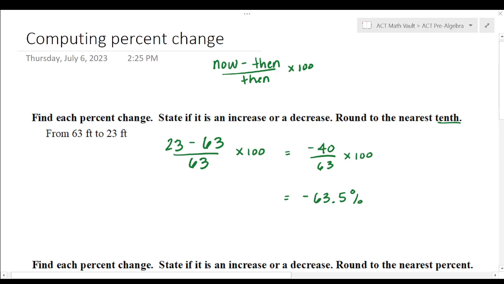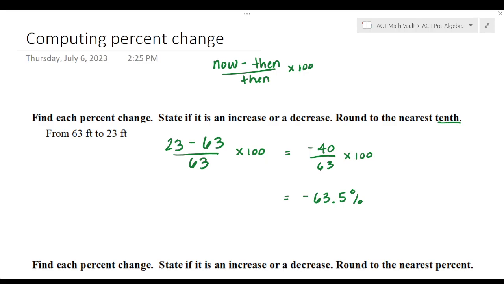So that means that if you go from 63 feet of rope down to 23, that piece of rope decreased by, coincidentally, 63%, 63.5%. So now it's not asking 23 out of the 63, that would be like 37%.